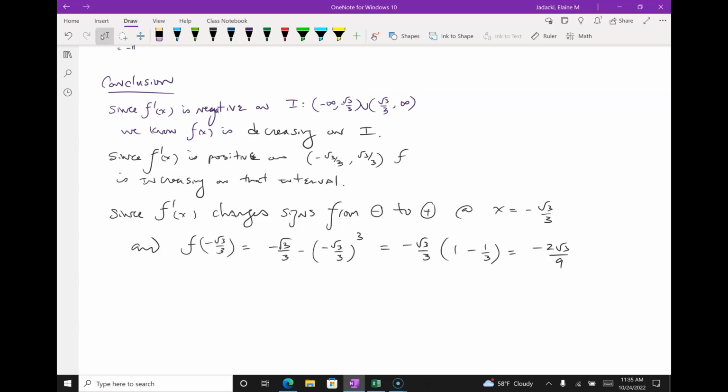So since f prime of x changes signs from negative to positive at x equals minus rad 3 over 3, and f of minus rad 3 over 3 is negative 2 rad 3 over 9, we know minus rad 3 over 3, comma, negative 2 rad 3 over 9 is a local min. Anybody else get the same y value there?